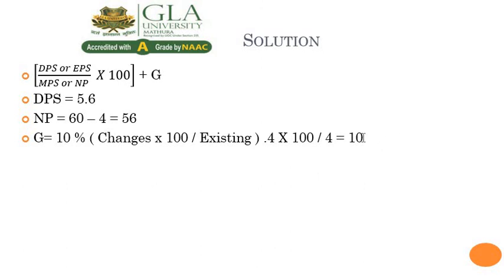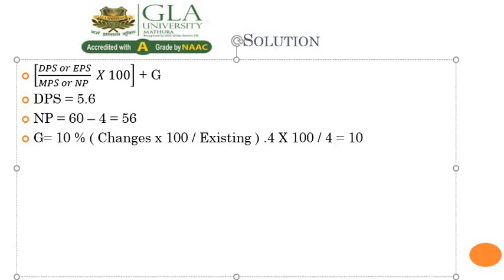Now we put in the values. Dividend per share is 5 rupees 60 paise. MPS is 56 rupees. And growth is 10%.